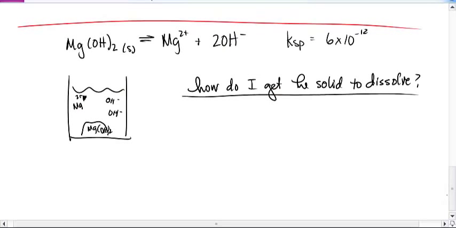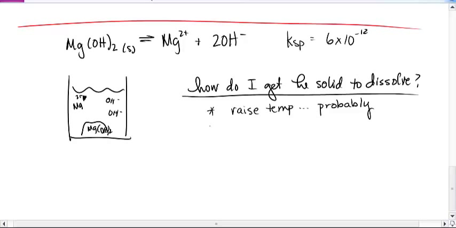And so as we look at this, there may be some things to consider, like probably you could raise the temperature, because generally solids become more soluble as you raise the temperature. Think about iced tea versus hot tea. As you raise the temperature, more sugar dissolves in your tea.